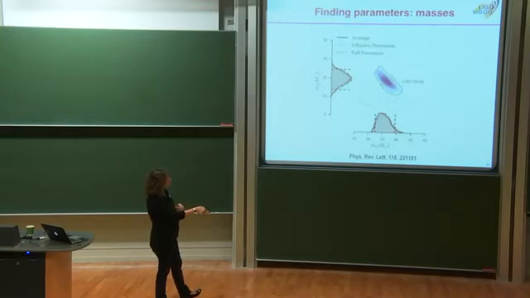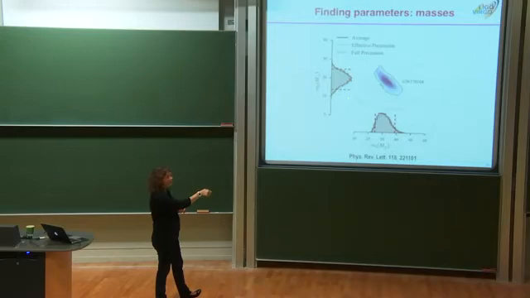So this is the mass parameters, the two initial masses in the black hole. And this is a 90% contour for the January 4th event. And here you can see the contour for the September 14. The December, notice how thin this one is.